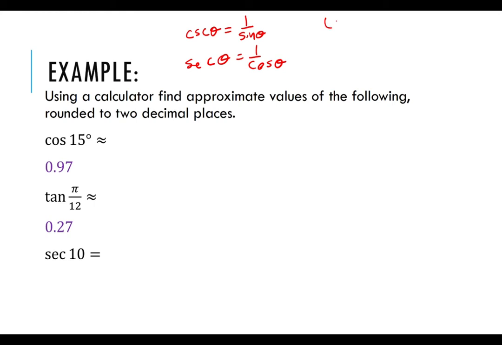And cotangent of theta is the same thing as 1 over tangent of theta. And so working with approximations of our reciprocal functions, those are the things to remember. Then the secant of 10 is really going to be 1 divided by the cosine of 10. And so 1 divided by the cosine of 10 in my calculator is approximately negative 1.19.